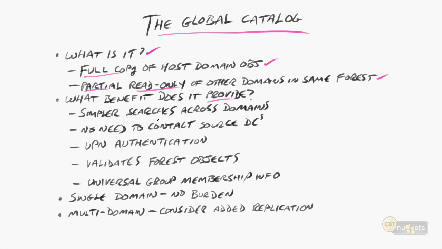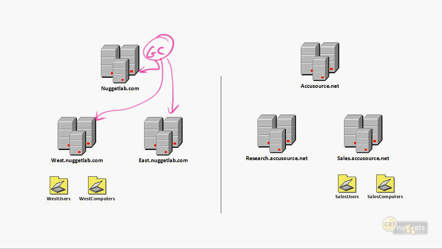First of all, it's going to give us simpler searches across domains. For example, maybe I'm a user and I'm searching for a specific user down here, and I think their name begins with P. Jones, something like that. I don't know if it's P. Jones or P. Johnson. I can just type PJ and then do a search against the objects from this domain. But guess what?